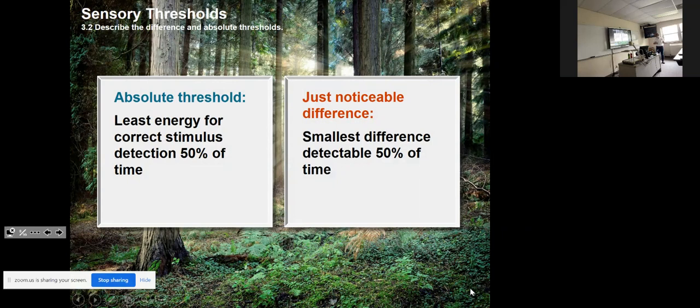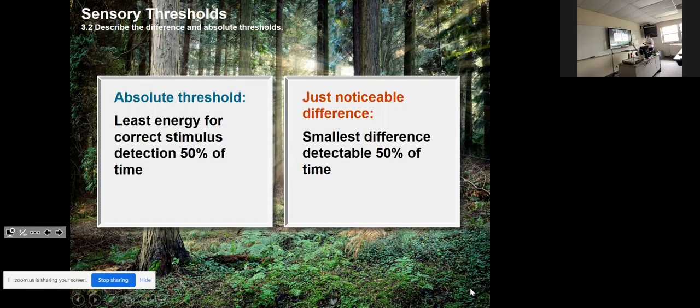We might be aware of it, but there are a couple things going on. First of all, we have to be able to detect it. If we are able to detect it, are we processing that in some way? Again, we'll go into perception. But for the very basic, in order for it to enter our brains, we have to be able to detect it. And we use two processes, one called absolute threshold, and the other is just noticeable difference.